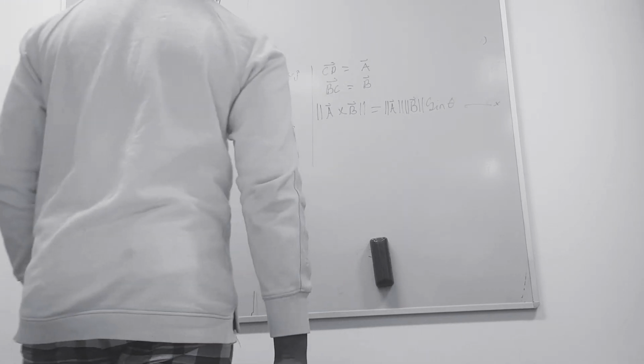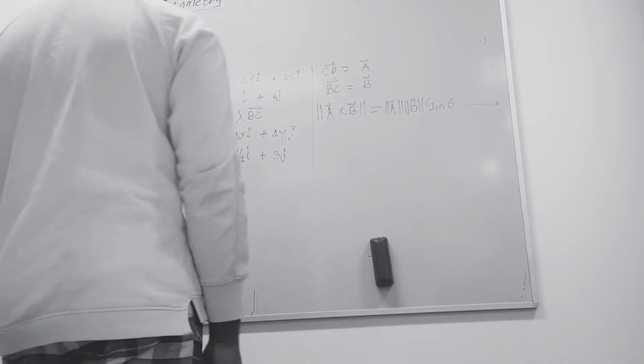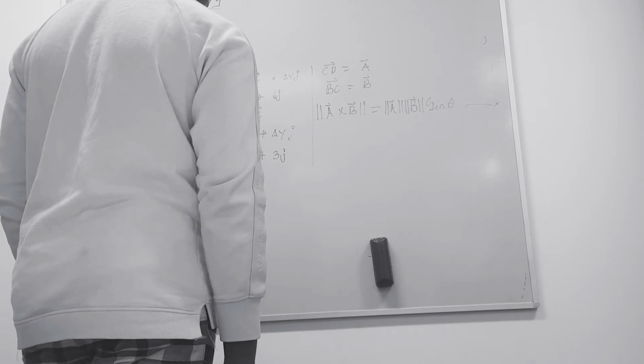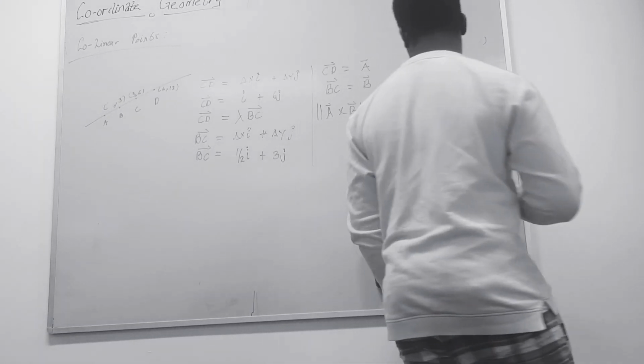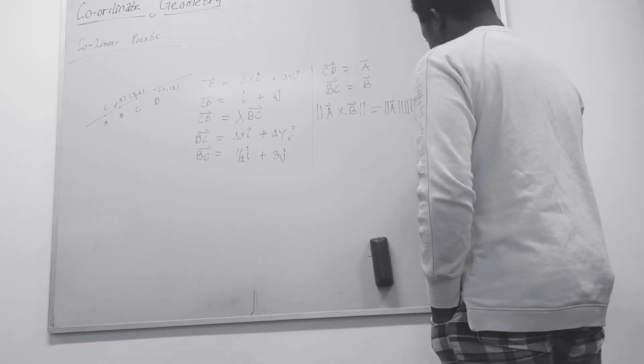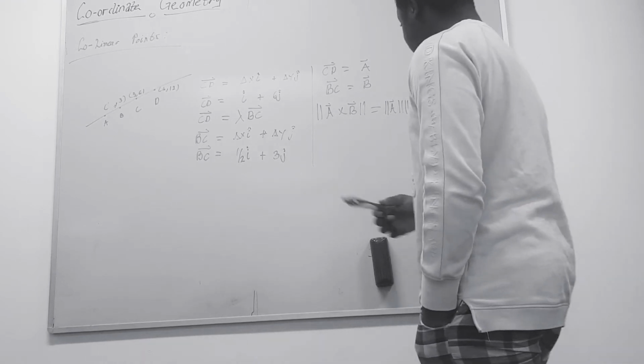Now let's find three things: the magnitude of A, the magnitude of B, and the angle theta.